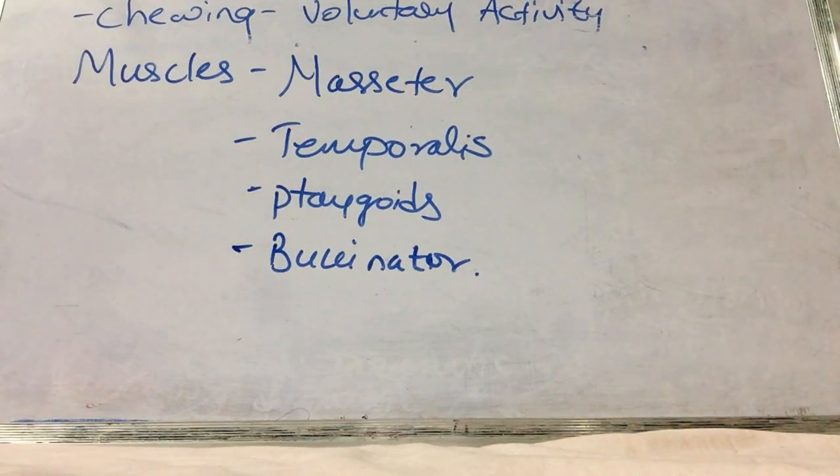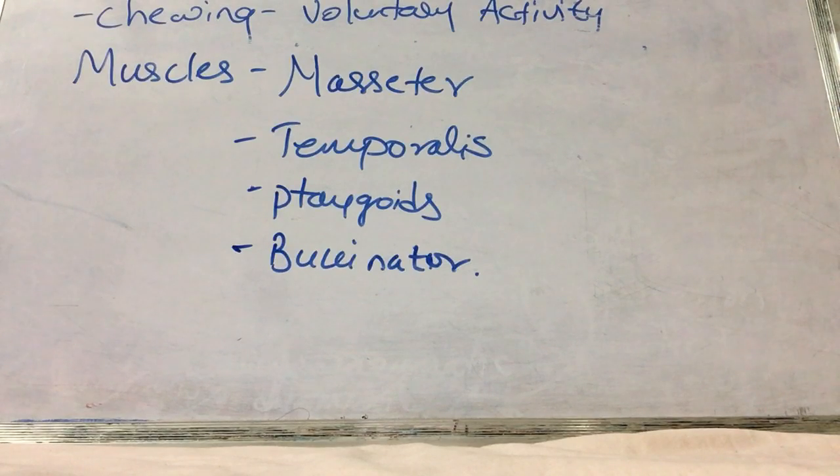Masseter elevates the mandible and helps in clenching of the teeth, because deglutition needs the clenching of the teeth. When we have to chew the food, there should be clenching of the teeth, and that is done by the masseter muscle. It elevates the mandible and helps in clenching of the teeth.